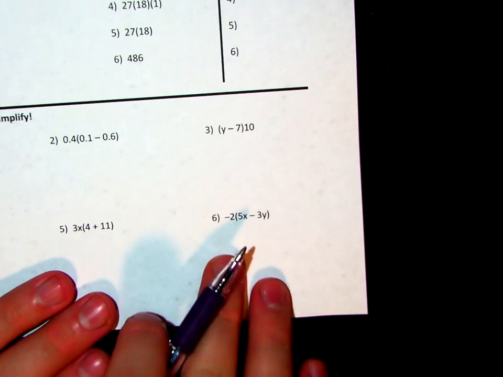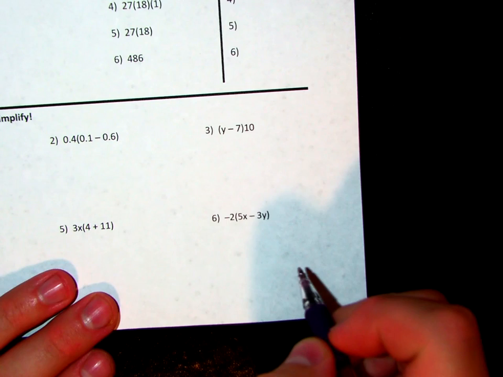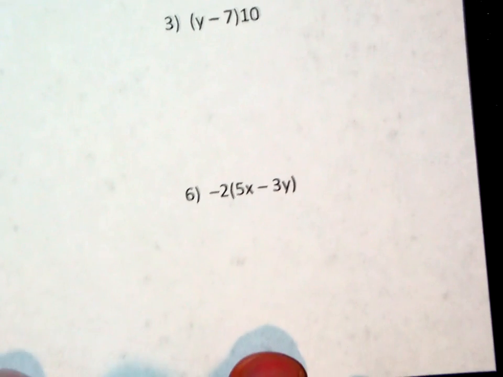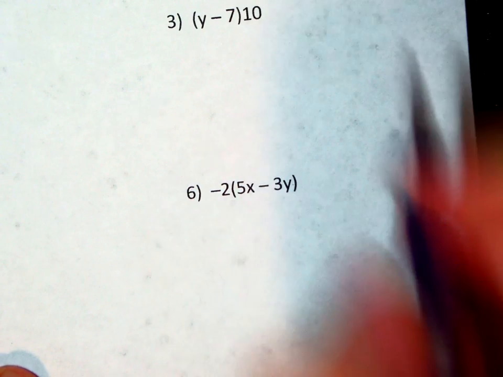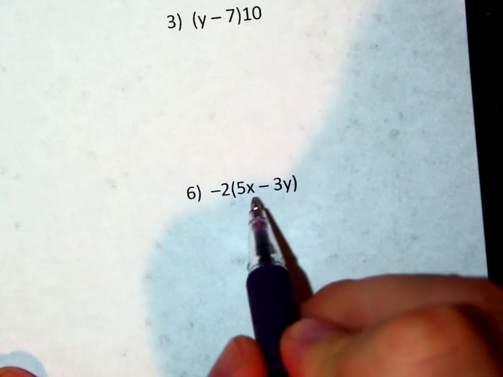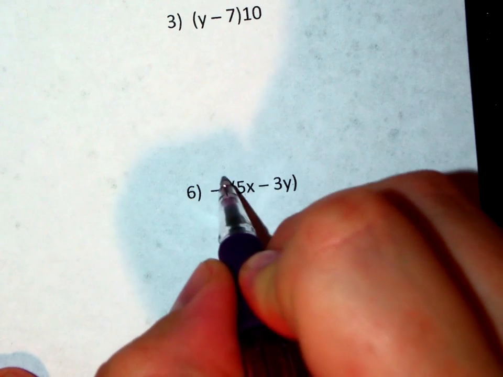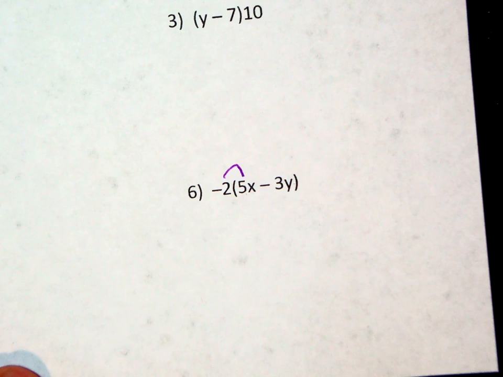Let's look at one more example, number 6. For number 6, we have negative 2 times the difference of 5x minus 3y. And so again, negative 2 will get distributed first to the 5x.